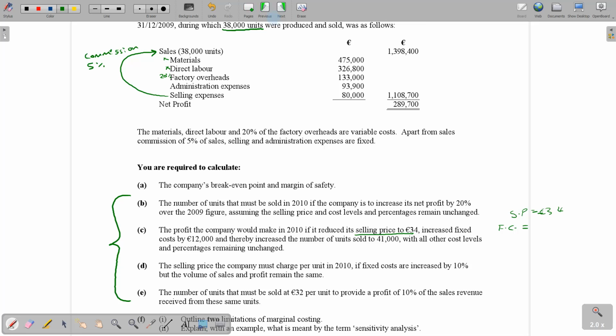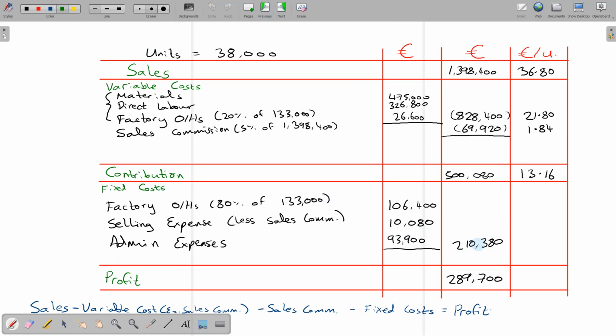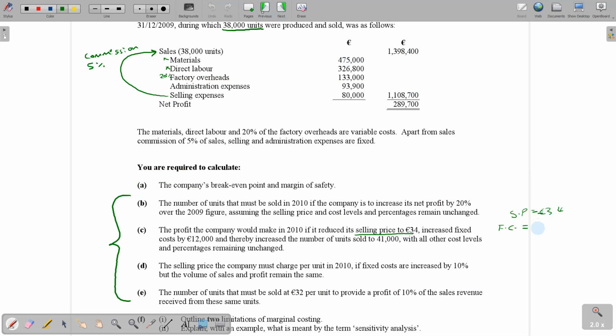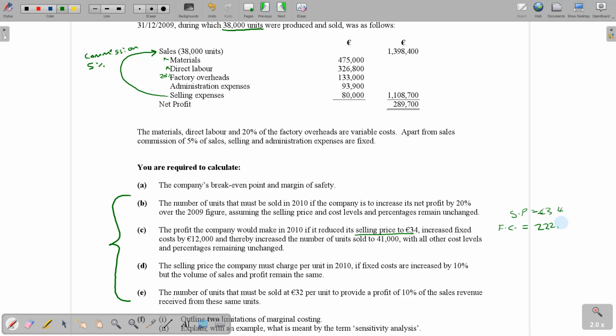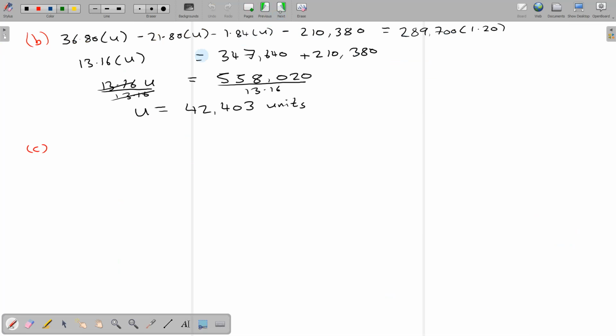So fixed costs are now going to be 210,380 plus 12,000, which is 222,380. But the units are 41,000.